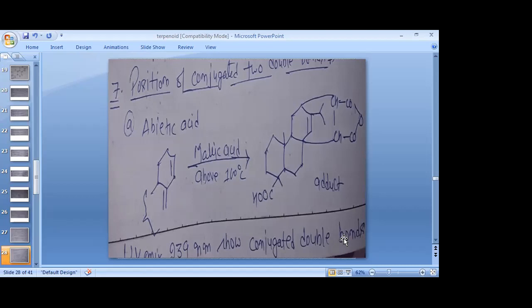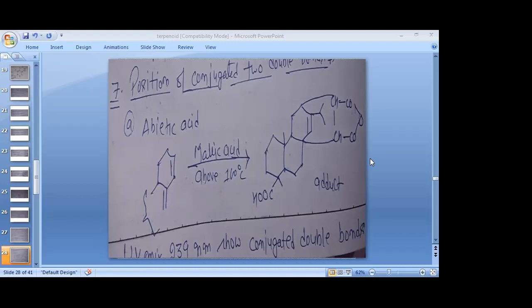One of the important chemical reactions is with maleic anhydride above 100 degrees Celsius, when it converts into this type of product, which confirms the position of the conjugated double bond.